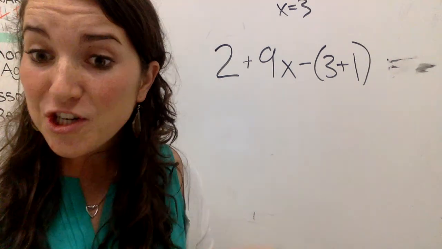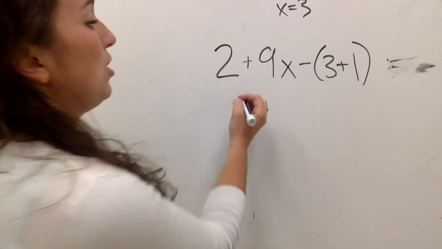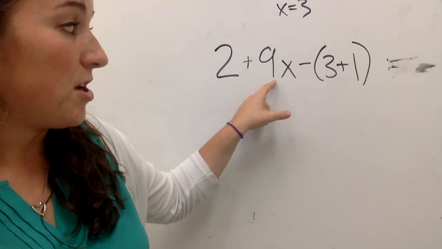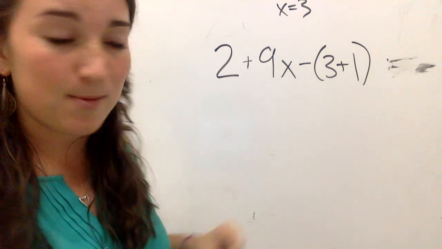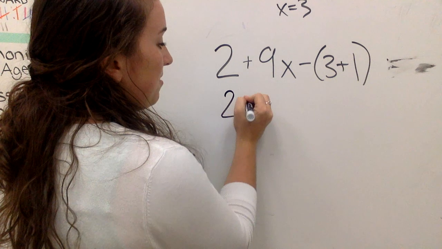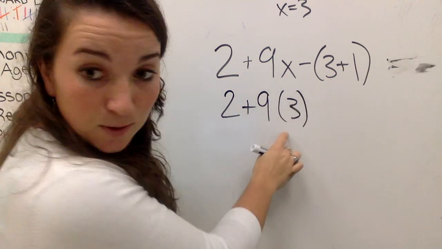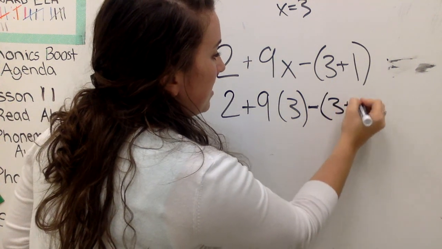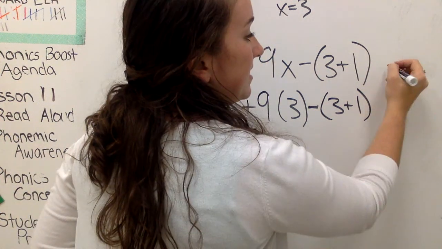So the first thing I need to do before order of operations is substitute for that variable. So I'm going to rewrite it. Remember, put parentheses around that variable so that you know that it's multiplication, because a number next to a variable means multiplication. So it'll be 2 plus 9 times 3, because x equals 3 and we're multiplying, minus 3 plus 1.